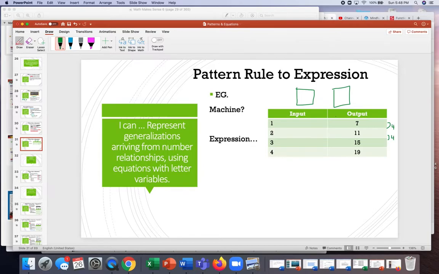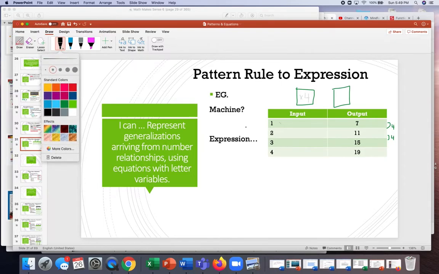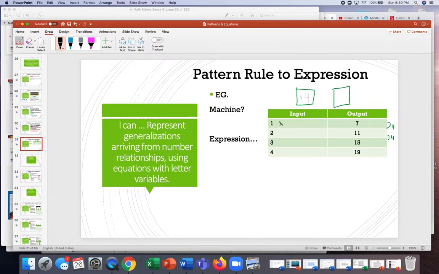Let's try, just for practice, I'm going to think that it might be times 4. So 1 times 4, and I get 4, and then I do plus 3.